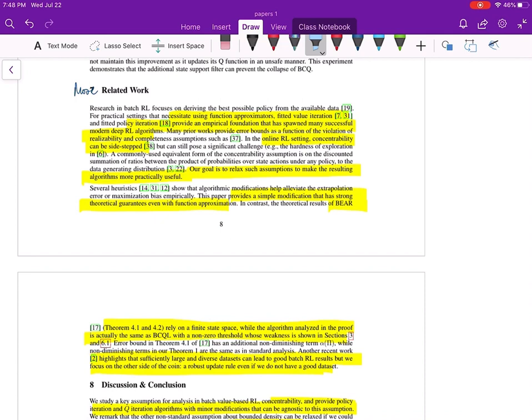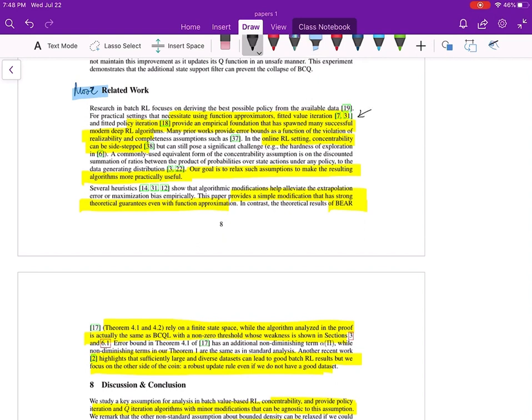Okay, let's talk about the related work. I think I just added more related work because they have already talked about BCQ, BEAR, SPIBB in the earlier sections. Let's see what more this section has.